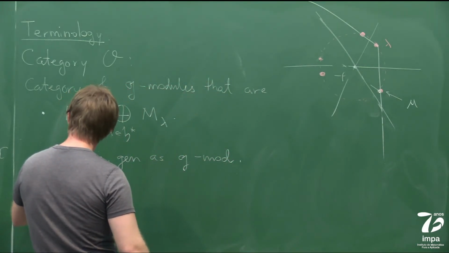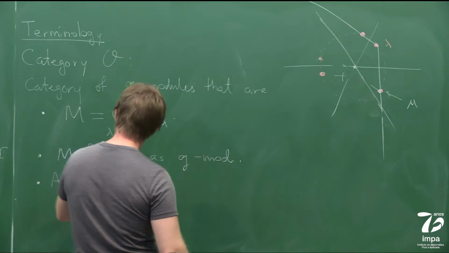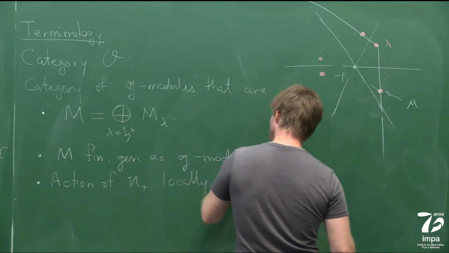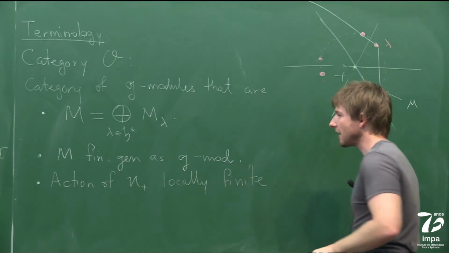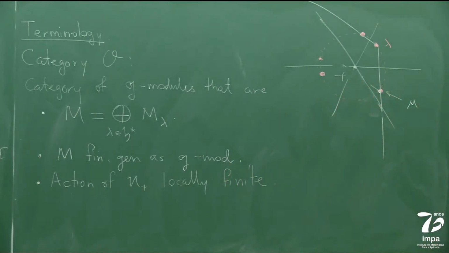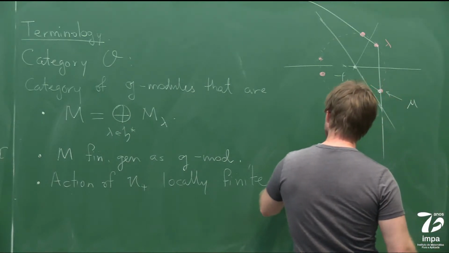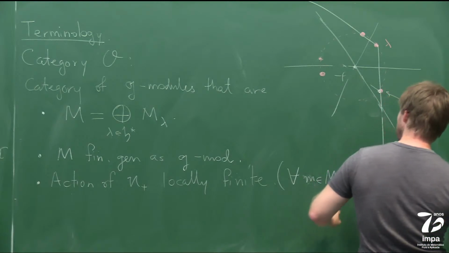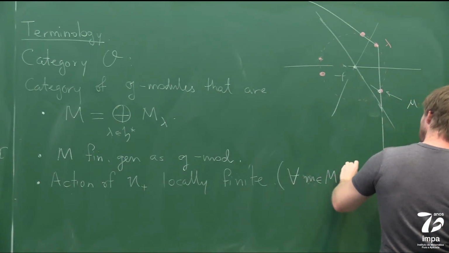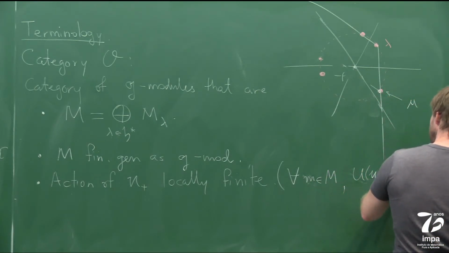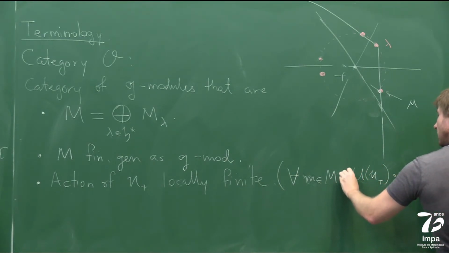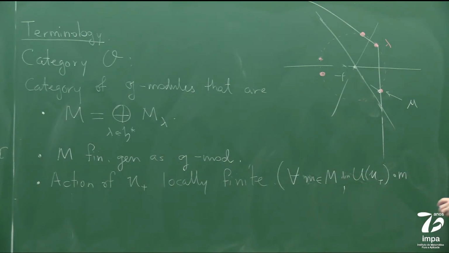And the action of the positive part of the algebra should be locally finite. This is saying that for all m in my module, if I take U(n+) and apply it to m, this defines some vector subspace, and I want to say that its dimension is finite.